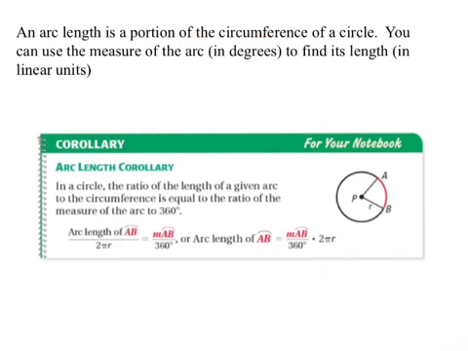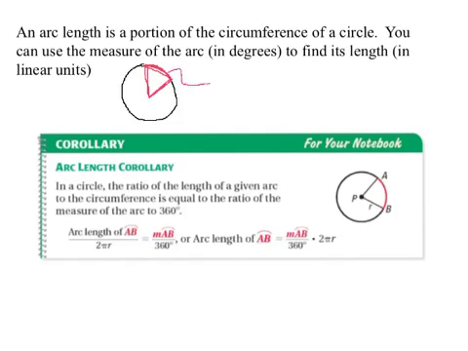All right, next part. An arc length is a portion of the circumference of a circle. You can use the measure of the arc in degrees to find its length in linear units. So let's review just a tad bit. This is a circle. Okay, the arc is a part of a circle. An arc is always associated with some kind of angle with the circle.